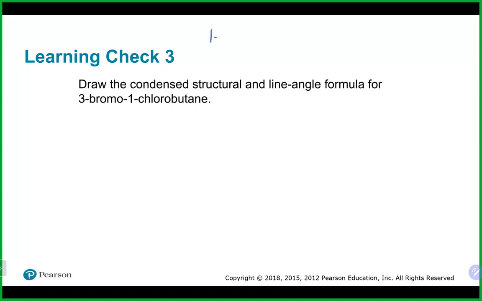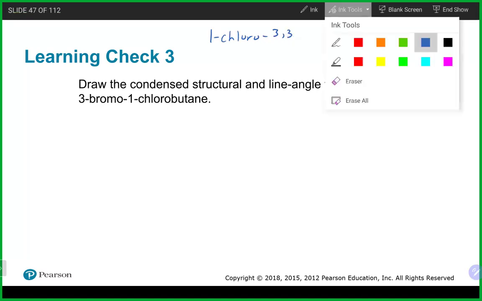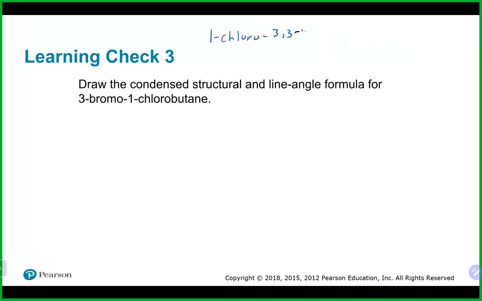Let's go with a 1-chloro-3,3-dimethylhexane. Okay, let's take a look and see how you're doing.